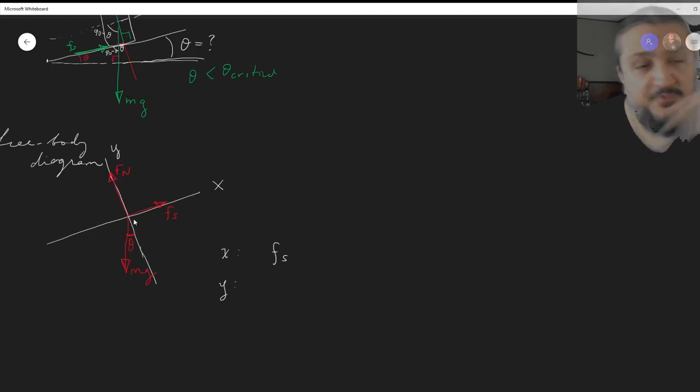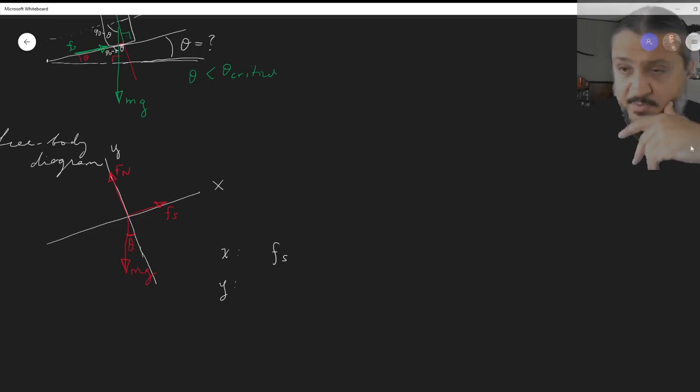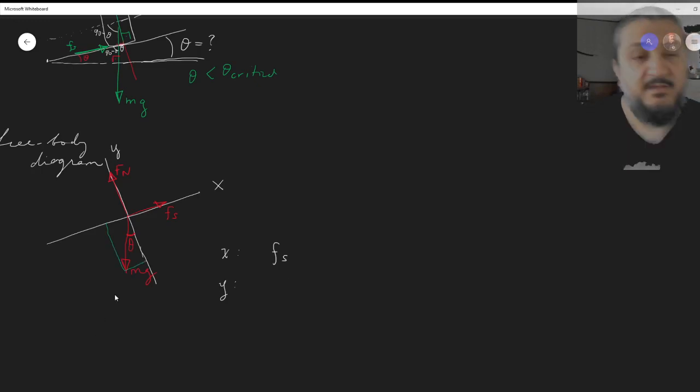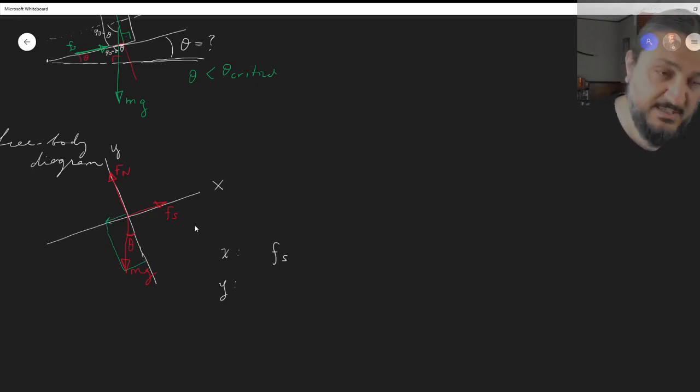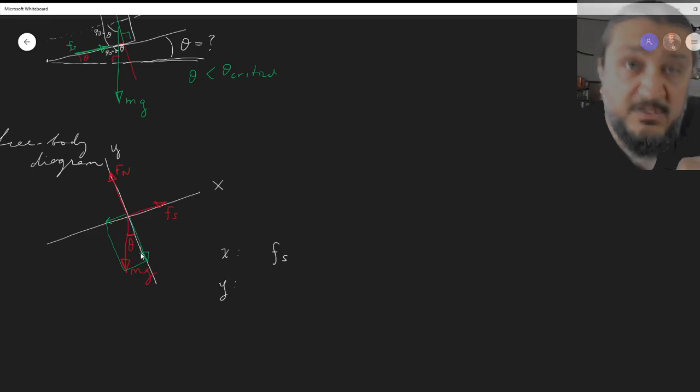Fn has nothing to do with x, but mg does have an x component. Draw your box around mg and see where your x is. It's right here. That is the x component of mg. And along the y you have this. This is the y component of mg.